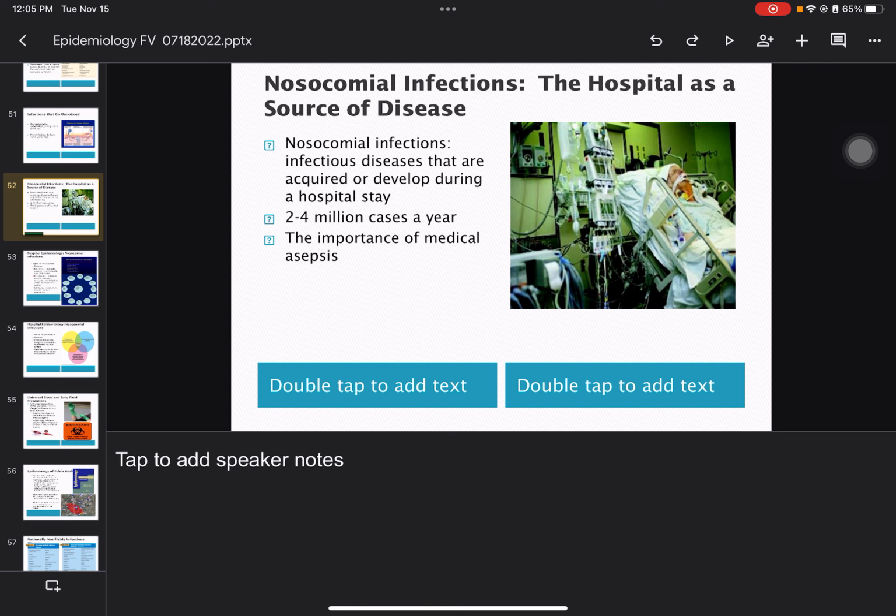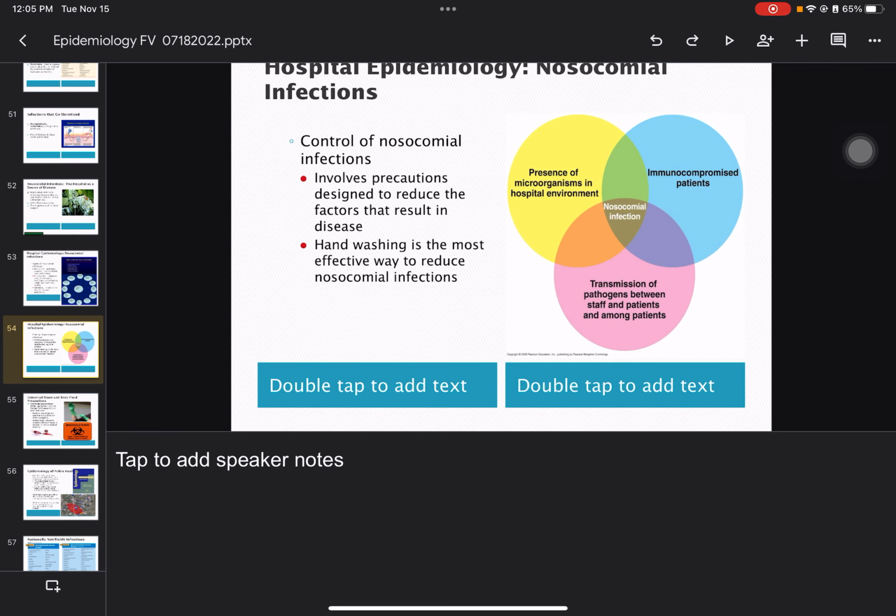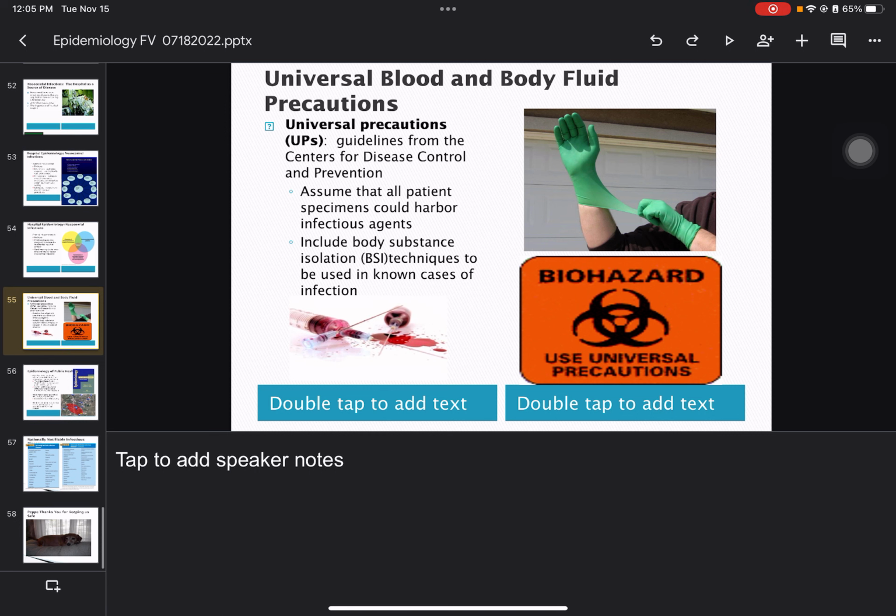So I want you to understand universal precautions. Universal precautions is really the idea that everything you come in contact with that is derived from a human is potentially infectious. And if you maintain that particular ideology, you're going to run into fewer problems because you protect yourself.